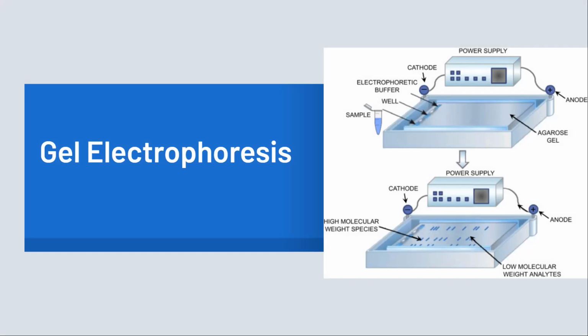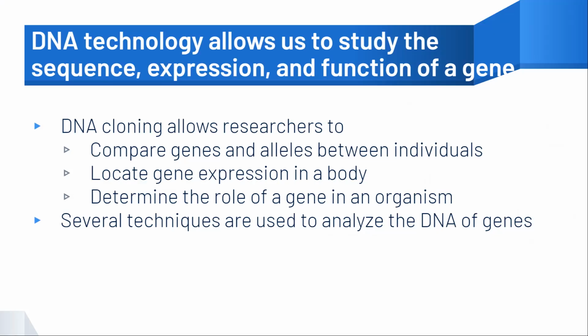Gel electrophoresis is another process where we can look at the DNA, we can study and analyze the DNA, and it is a machine, and we're going to do this later in the year. The restriction enzymes cut up the DNA, but the machine allows us to then analyze that DNA, creating things like DNA fingerprints.